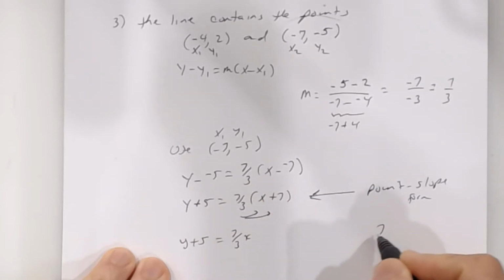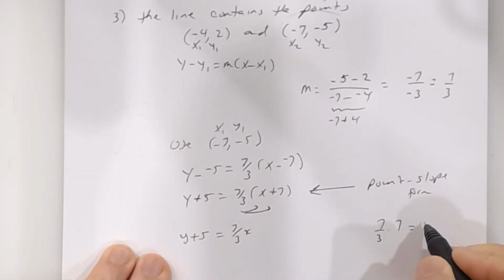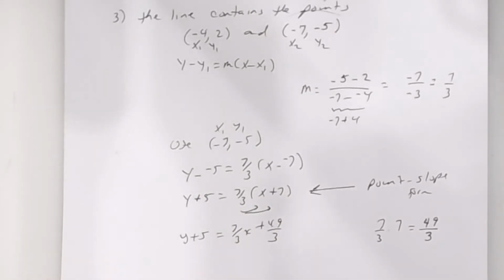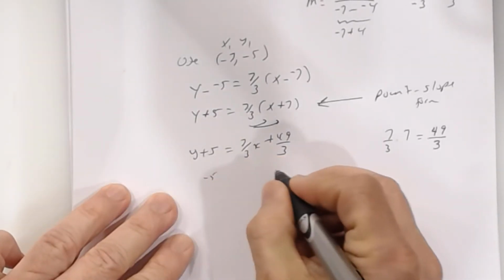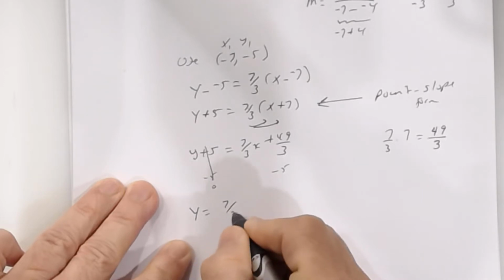What is 7/3 times 7? 49 divided by 3. All right, one more step and you're done. What's the next step? Subtract 5. And so I get y equals 7/3 x plus 49/3 minus 5.